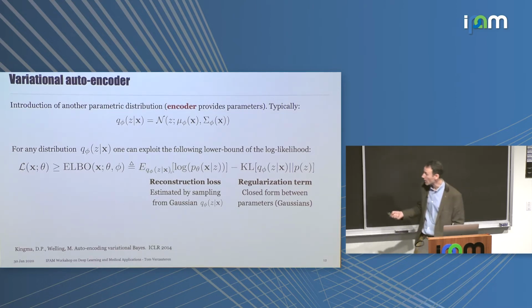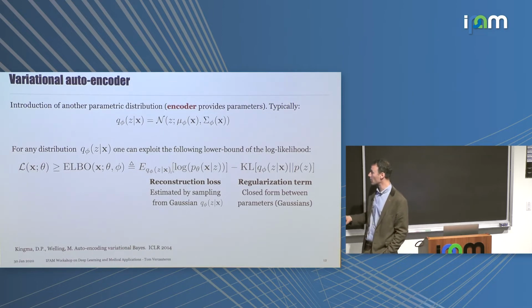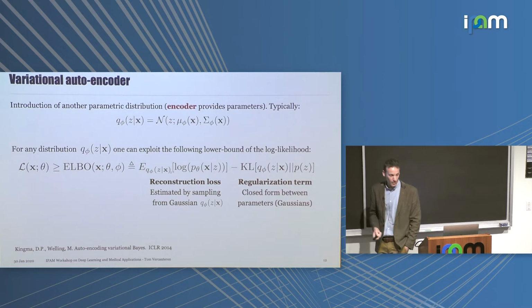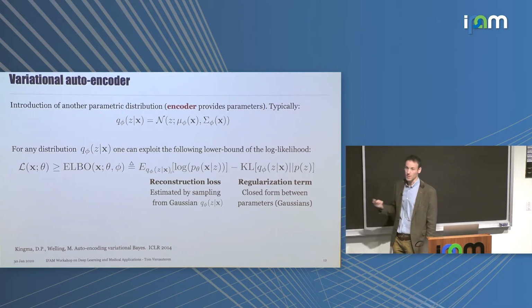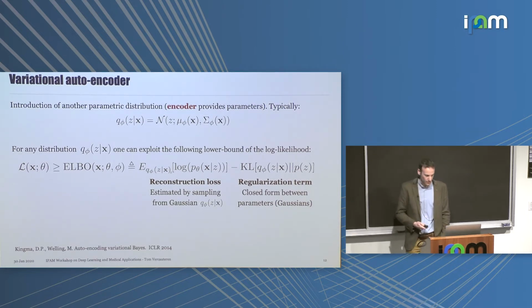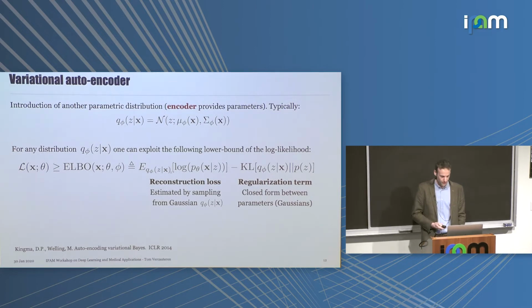We end up with a reconstruction loss term, and a regularization term where we measure the discrepancy between this Q distribution and the prior distribution for the latent space that we arbitrarily fix to a Gaussian for simplicity.